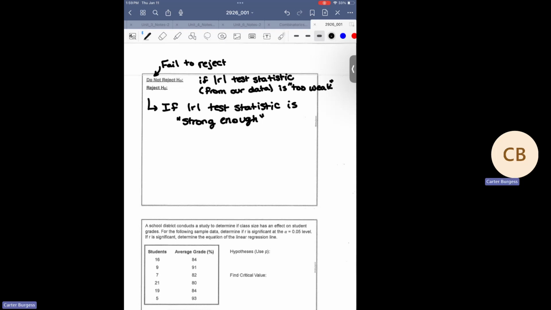So we fail to reject if it's not strong enough, not saying that that makes the null hypothesis wrong, or that makes the null hypothesis true. We just can't say that it's wrong. And we successfully reject, we successfully show that the null is wrong, if the R value is unlikely enough, if it is strong enough.